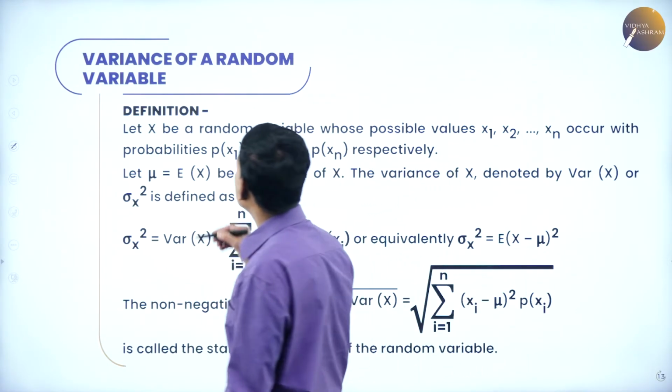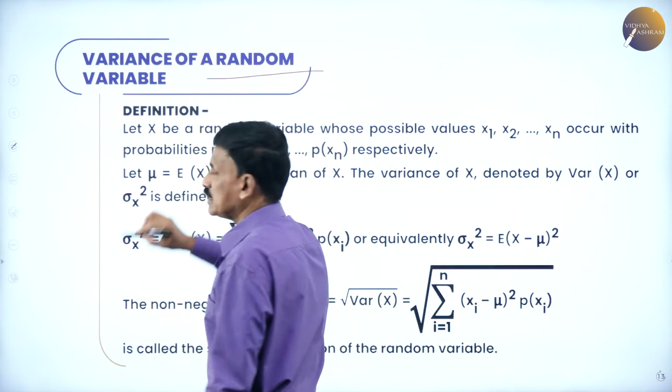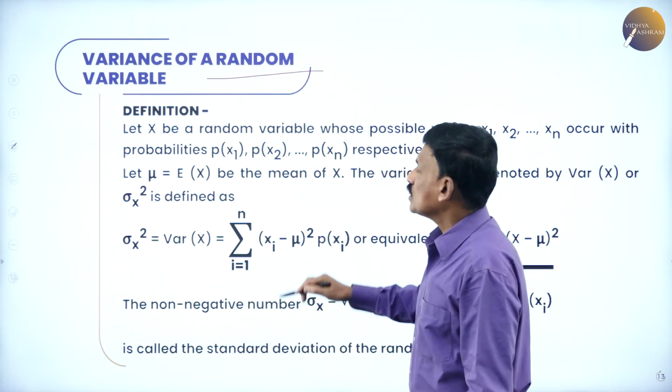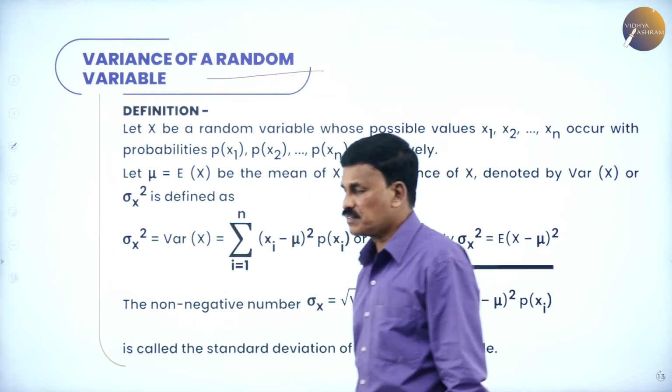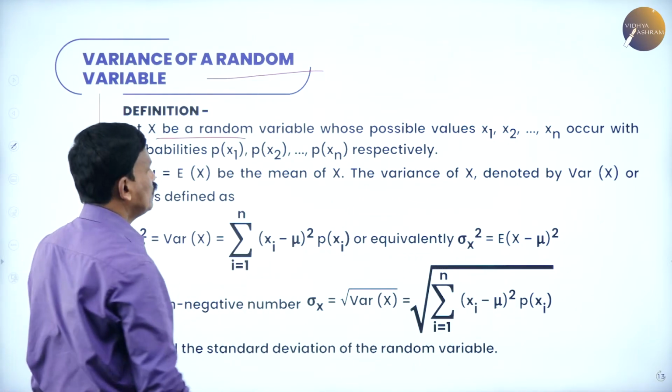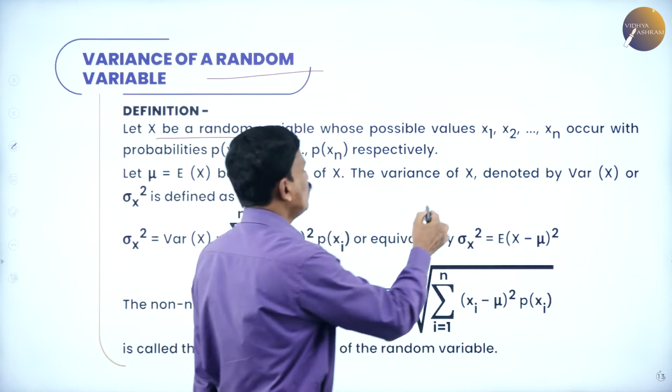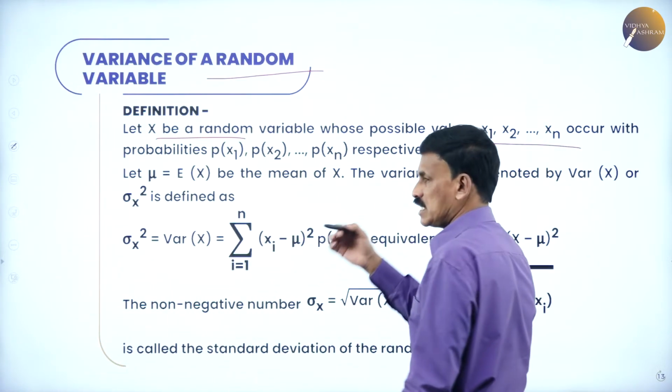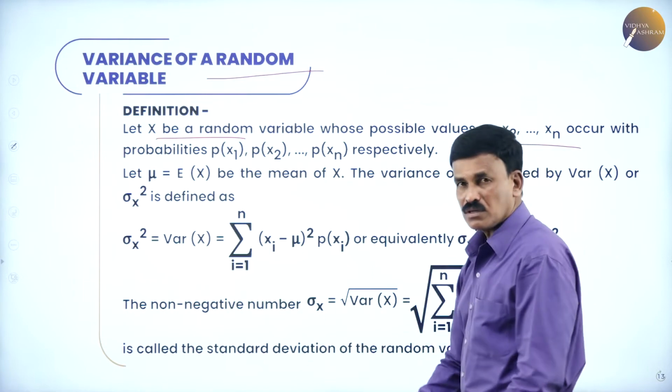Now the next concept is the variance of a random variable. So let us see the definition. What is the definition for the variance of a random variable? Let x be a random variable, as I explained in the previous concept.